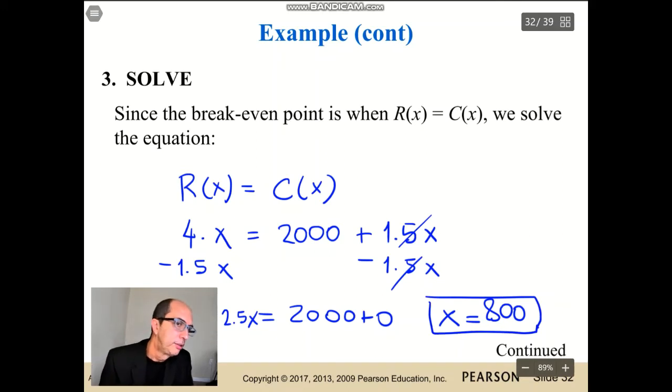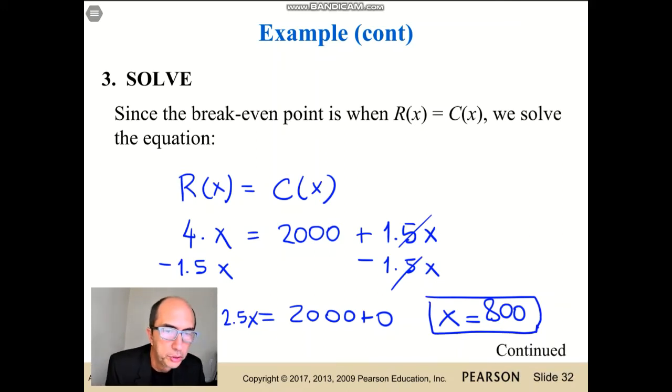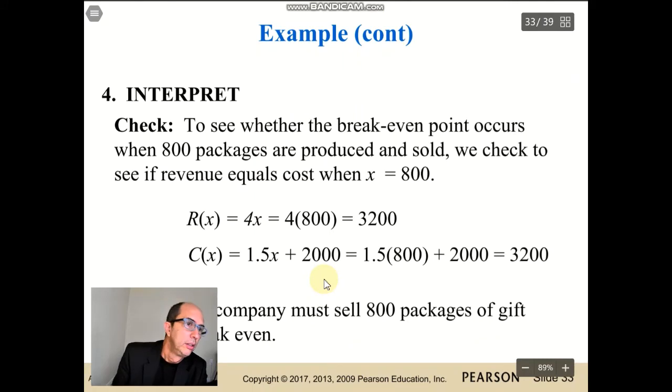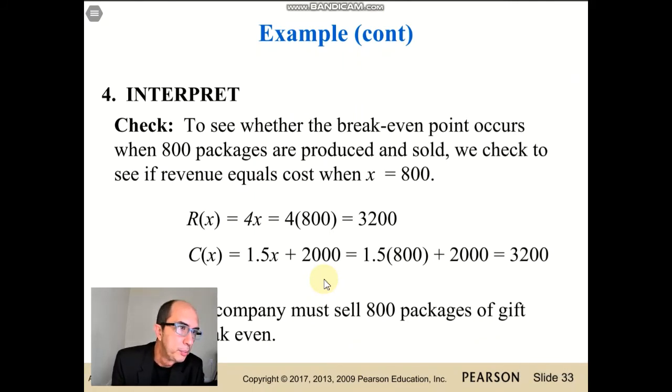That means that to break even, the company needs to produce and sell 800 gift boxes. To see whether the break-even point occurs when 800 packages are produced and sold, check to see if the revenue equals cost when x equals 800.